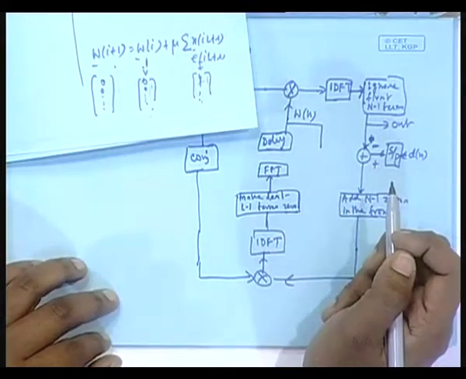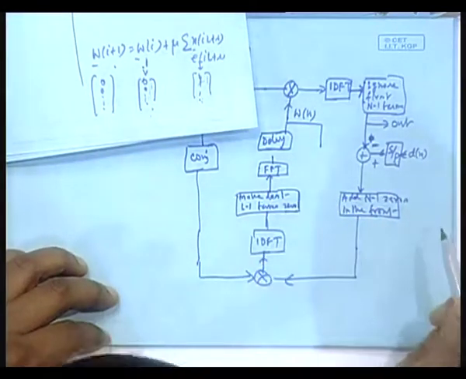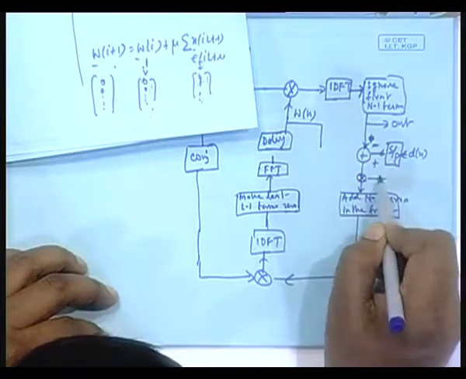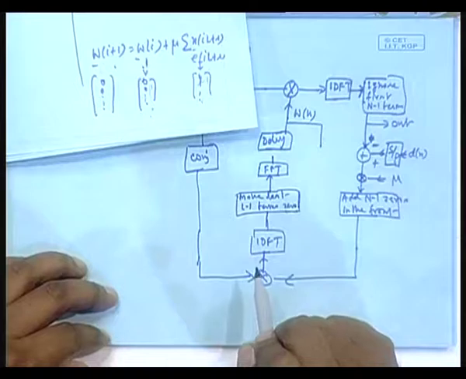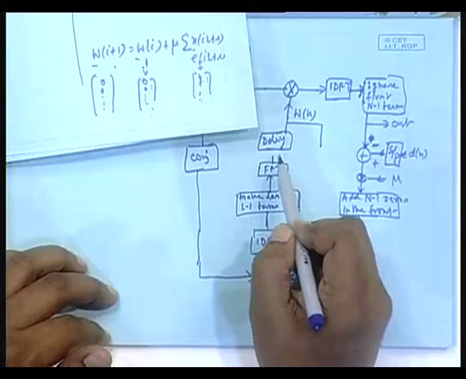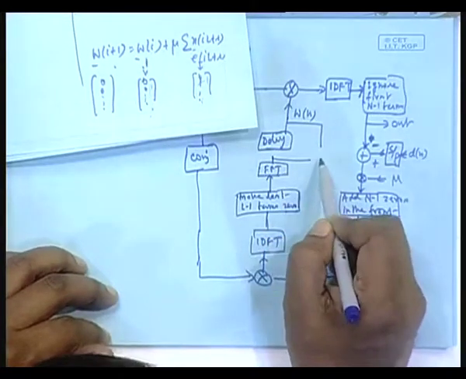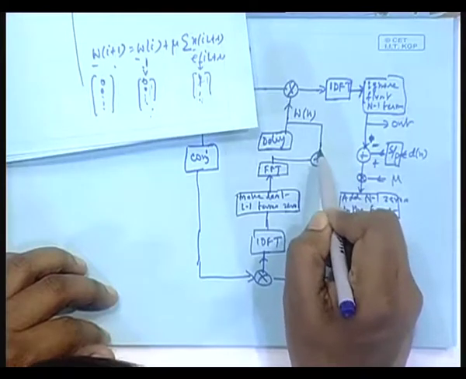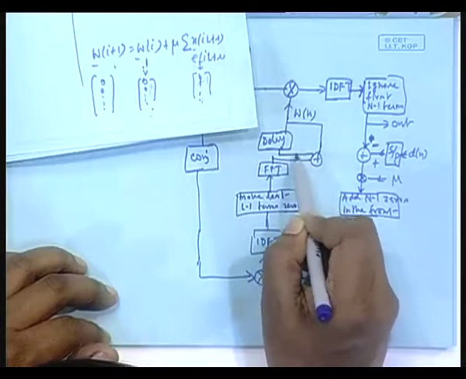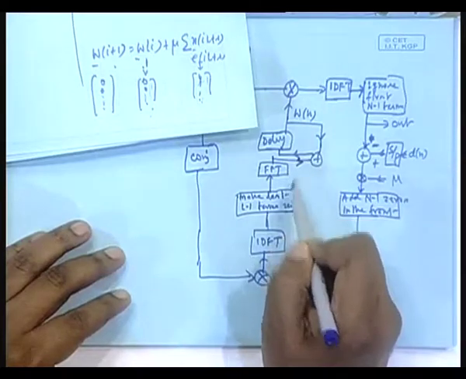Somewhere I should have multiplication by mu. Maybe earlier only, here you do multiplication by mu. My drawing is a bit clumsy, please excuse me, I am trying to save space.